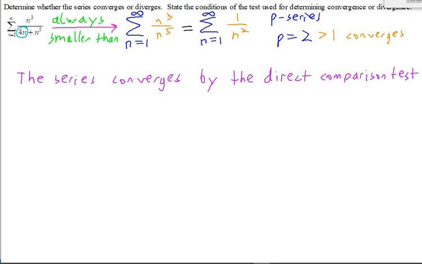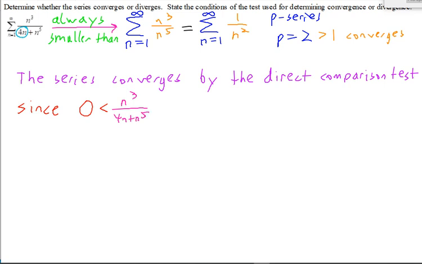First state why that works. So here, what you have to say with the direct comparison test is they both have to be positive, which they usually are anyway. 0 is less than the smaller one, which you put first, whichever one that happens to be, which in this case was our original one, n cubed over 4n plus n to the 5th.